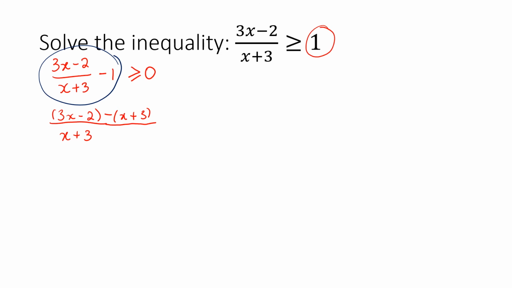And then we're going to simplify. So 3x - x is 2x, and -2 - 3 is -5, sorry. And then we have x + 3 as our denominator. So this can be rewritten as (2x - 5)/(x + 3) is greater than or equal to 0.